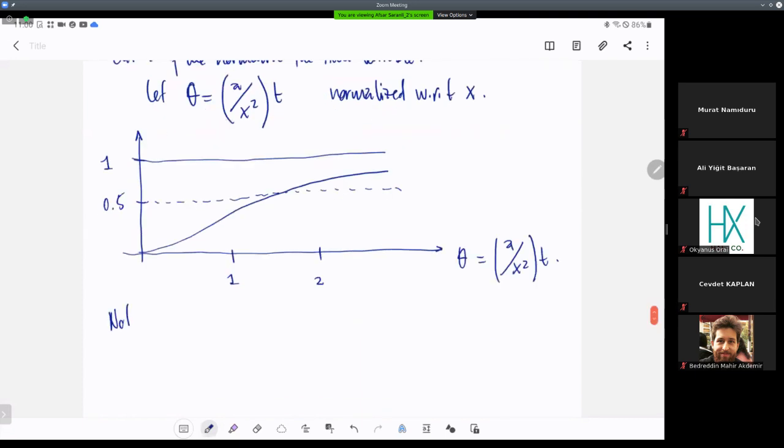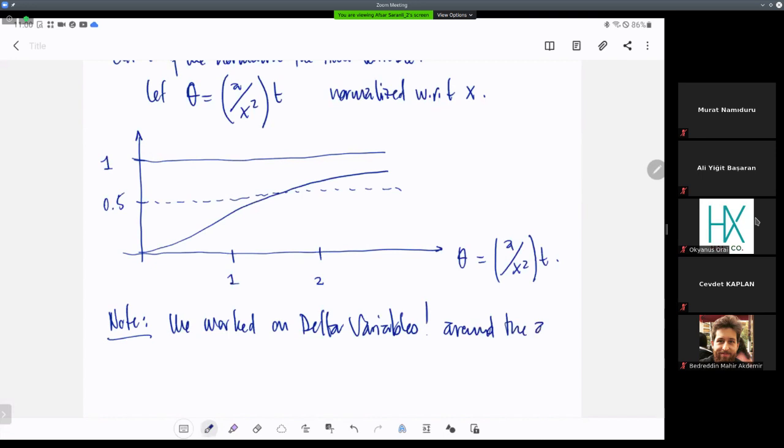Note, we worked actually on delta variables around the ambient, to make the initial condition zero assumption.